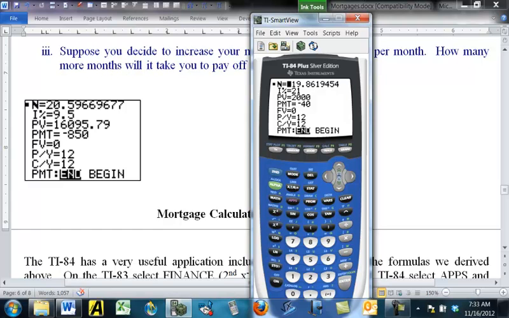Isn't that ridiculous? In the meantime, you've paid, 120 months at $40, you've paid $4,800. You paid $2,800 in interest on something that should have only cost you $2,000.